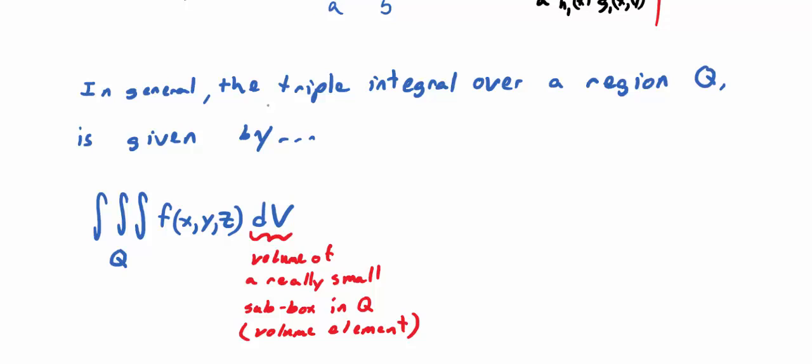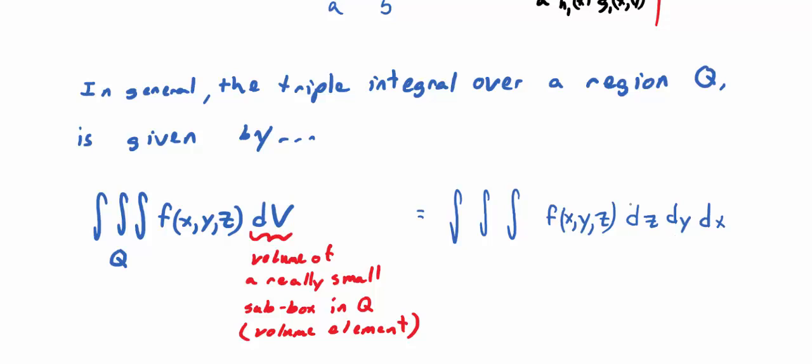And now this is just notation, right? In order to actually evaluate the thing, you have to come up with what we would call the iterated integral, in other words, limits of integration. So the f of x, y, z, whatever that is, and then you have to decide on an order of integration, which is indicated by the differentials. The standard order would be dz, dy, dx.